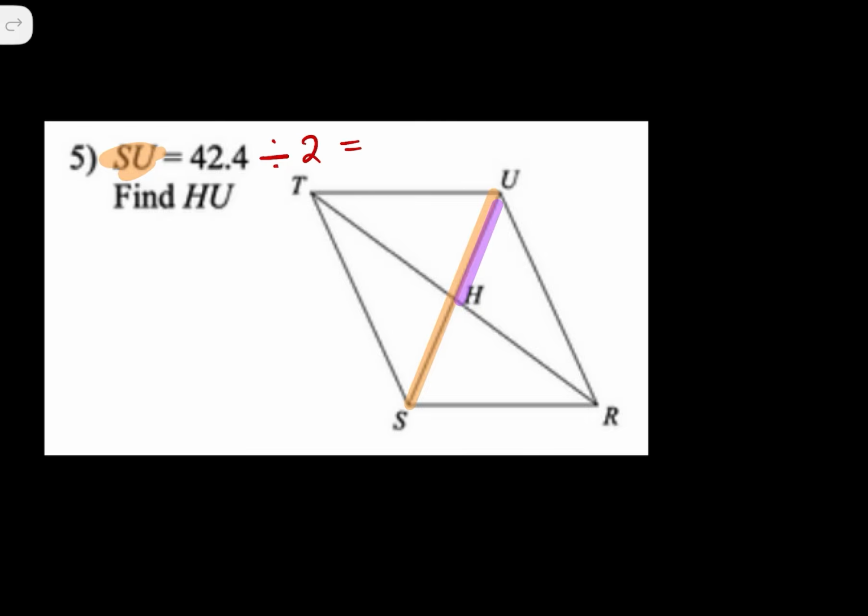So we are going to divide 42.4 by 2, and that gives us 21.2. So this part of the figure is 21.2. So HU is also 21.2, while this other side will also be 21.2.